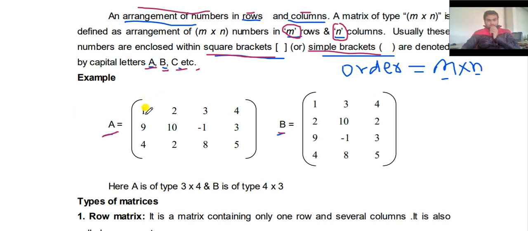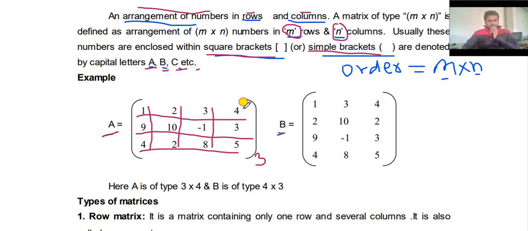So what is row? This is the first row, this is second row and this is third row. So here number of rows are 3. Number of column, this is your first column, this is your second column, this is your third column and this is your fourth column. So here number of columns are 4.